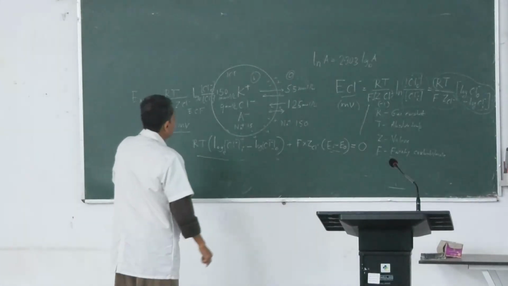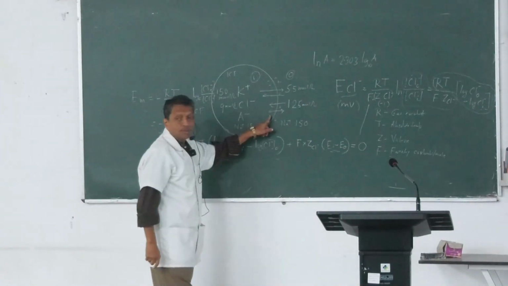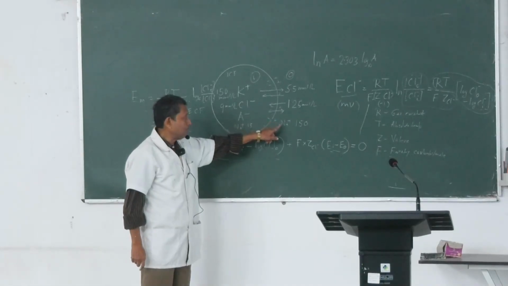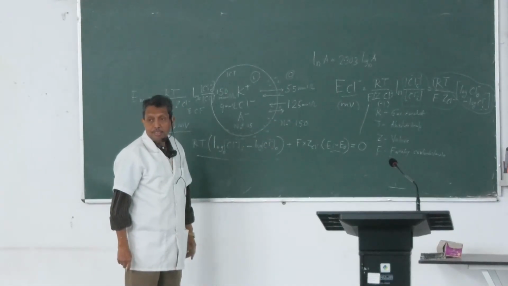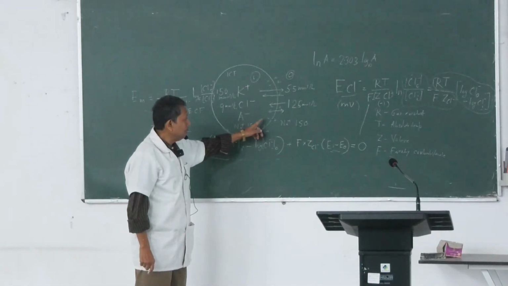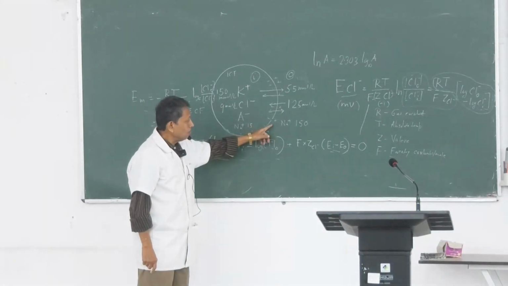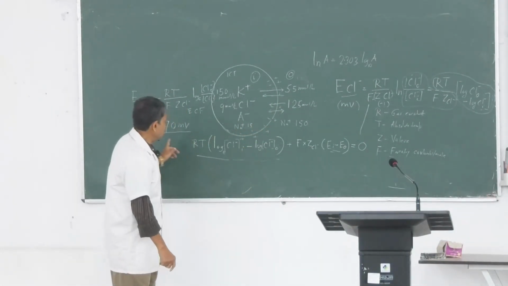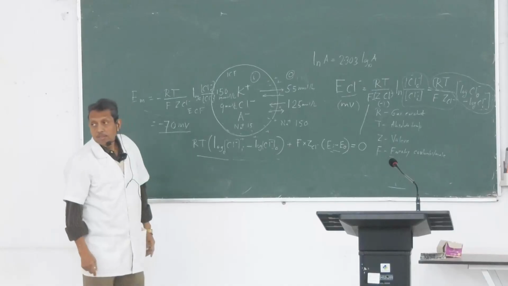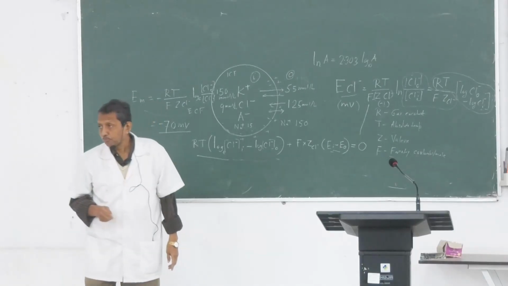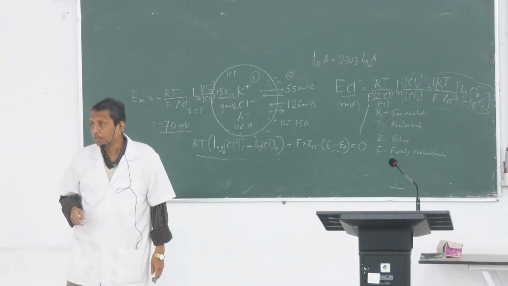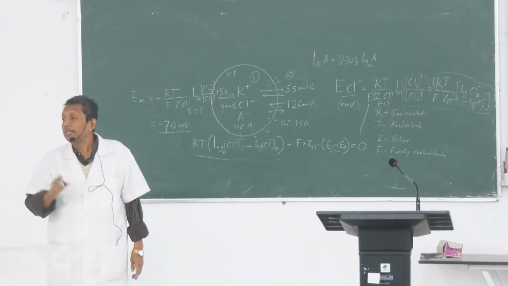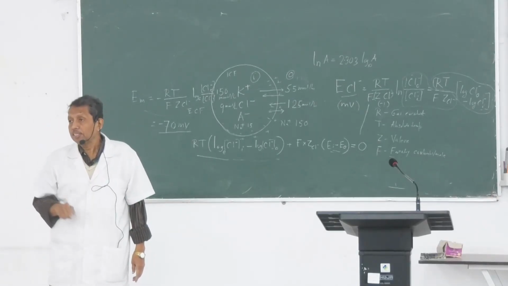Minus 70 means minus on this side and plus on this side; the inside in comparison to outside is minus. And this membrane potential is different for different cells.